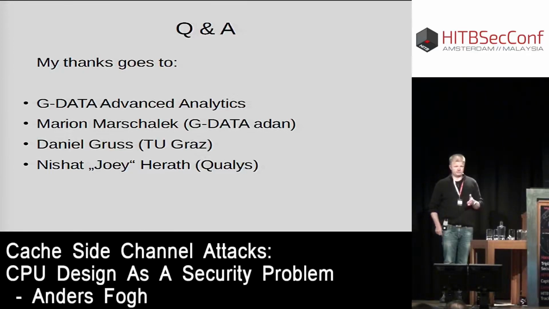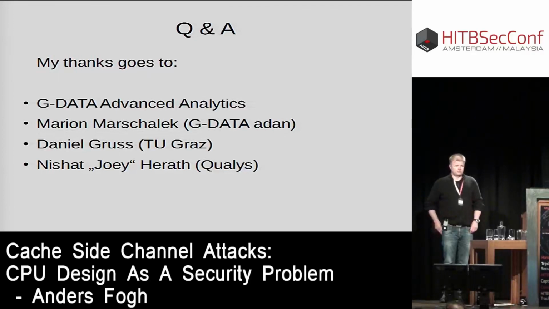That means that you actually don't have to share access to memory, meaning that you can do cross-VM attacks, whatever you really like. You don't need to know anything about addresses that is not your own to actually do this. So prime and probe for cloud things is probably the one to go to, where evict and time is probably more of the special use cases.